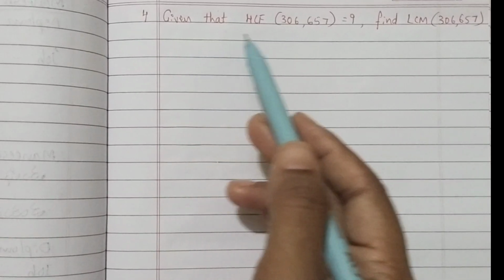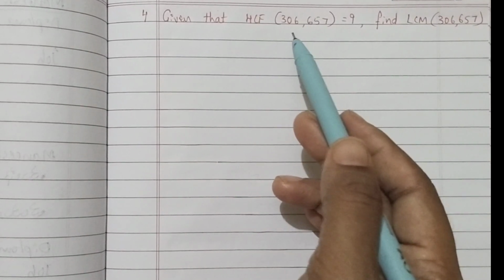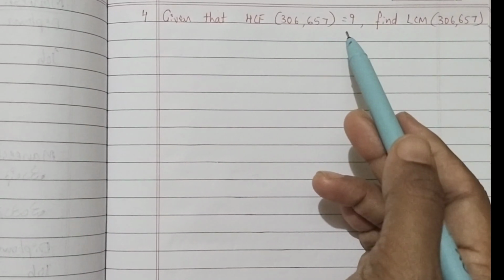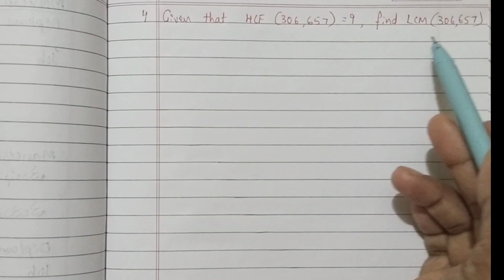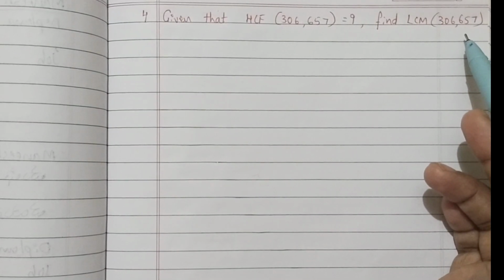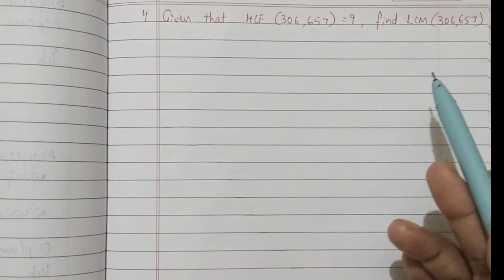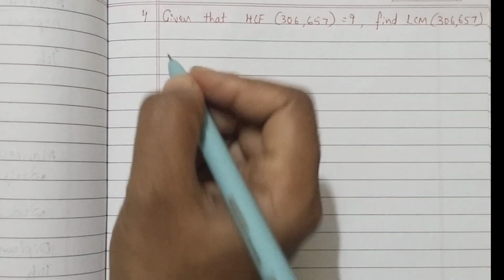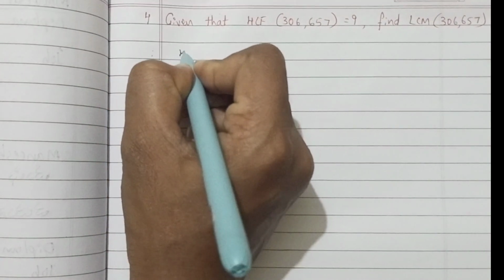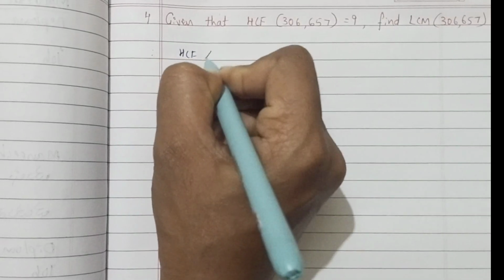Fourth question: given that the HCF of 306 and 657 is equal to 9, find the LCM of 306 and 657. Here A and B are 306 and 657.